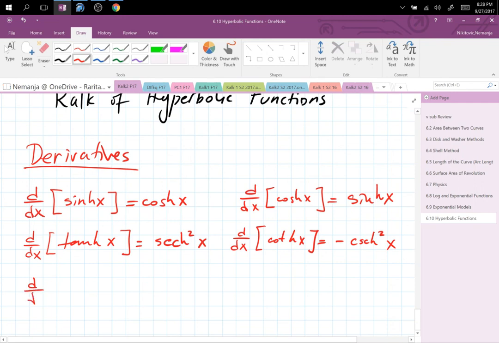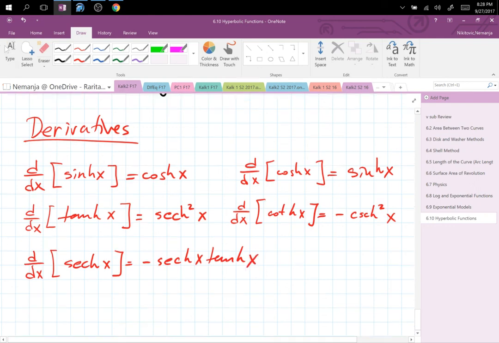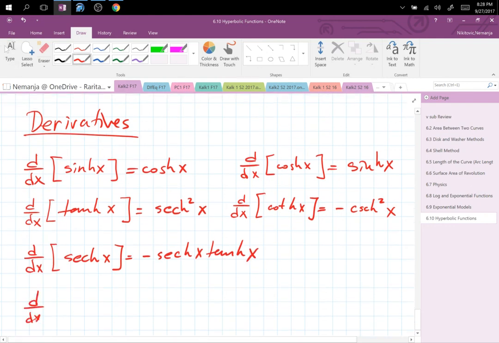You have the derivative of secant hyperbolic x, which is going to be negative secant hyperbolic x tangent hyperbolic x, and the last one, cosecant hyperbolic x, is equal to, again, negative cosecant hyperbolic x cotangent hyperbolic x.